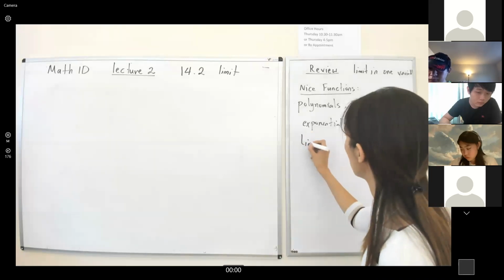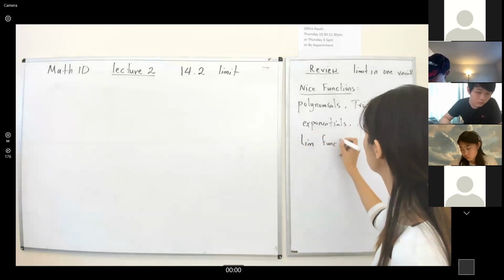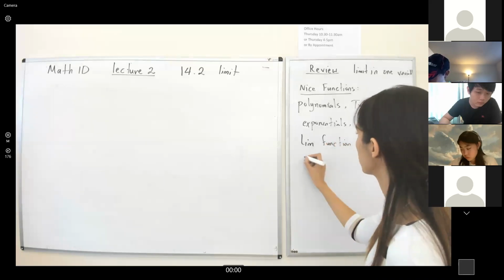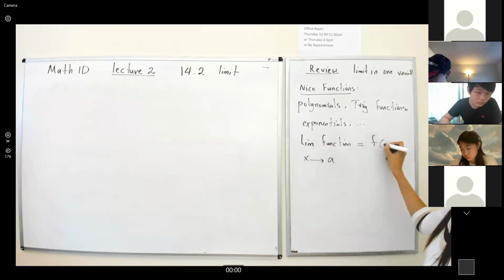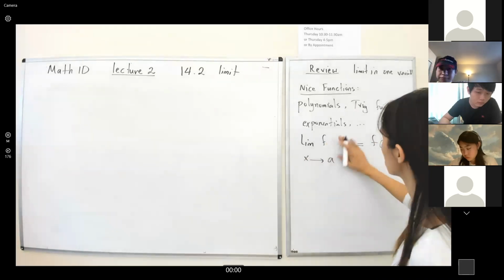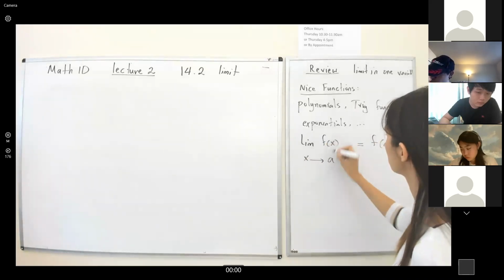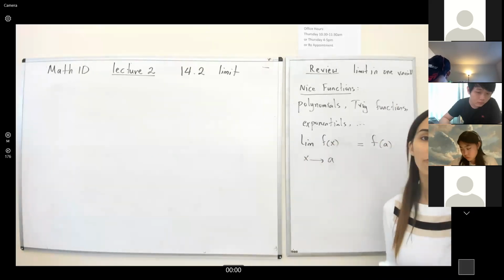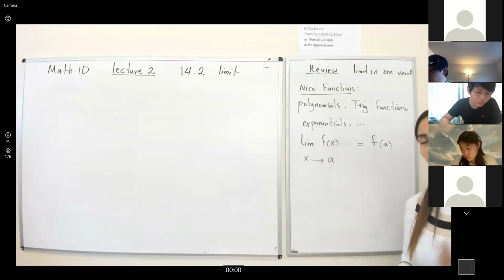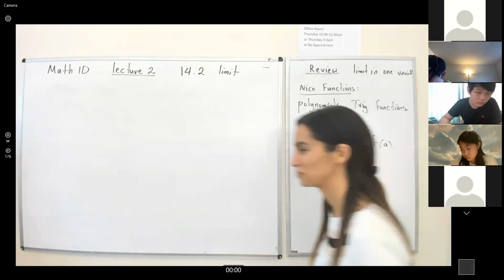Then the limit of the function, as x approaches a, is f of a. So let us use f of x here. We have the same thing in functions of two or more variables.